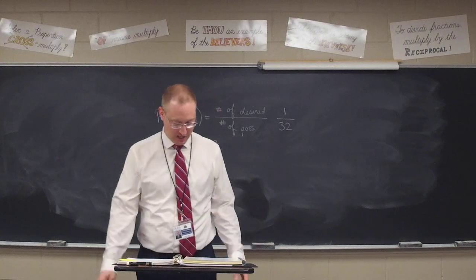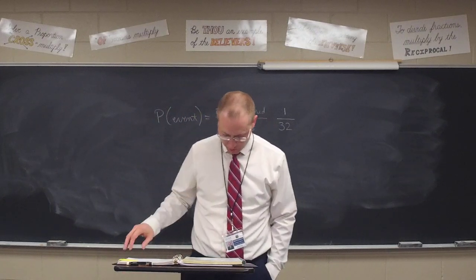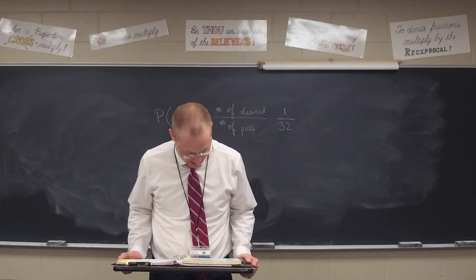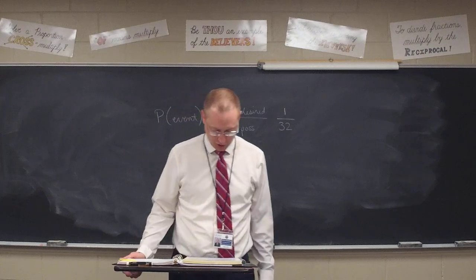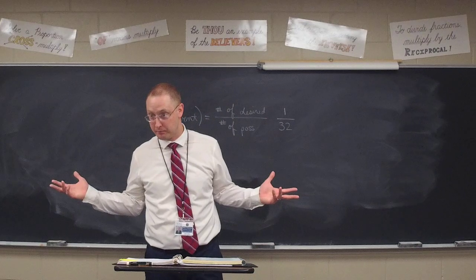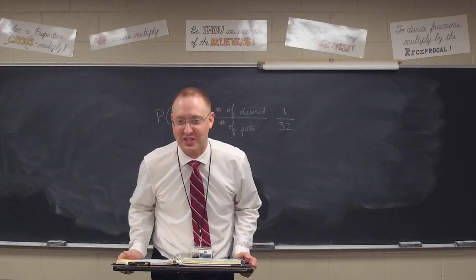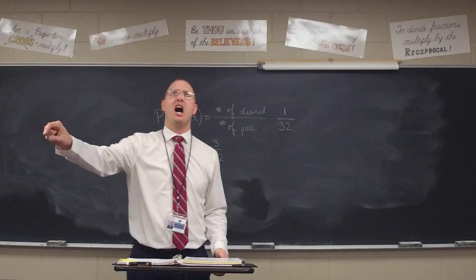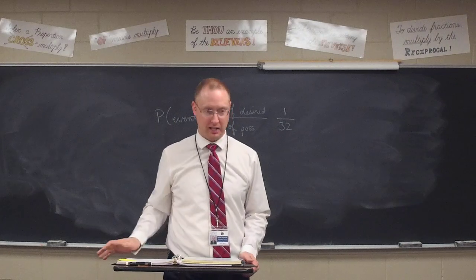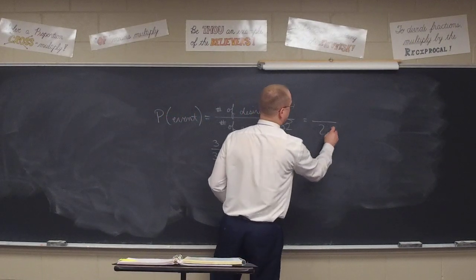Look at this little Sydney piggy bank there. Right next to it, it says, consider Sydney's coin bank, which contains 5 quarters, 3 dimes, and 12 pennies. First thing you've got to do is figure out how many total things are in there, besides dust bunnies. How many total coins are in the bank? 20. 20 possible things she could pull out.